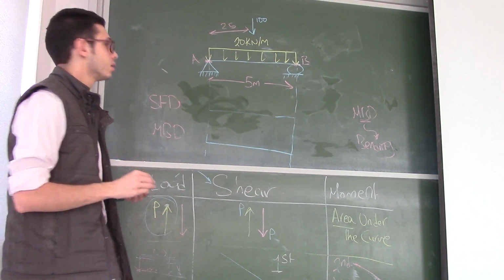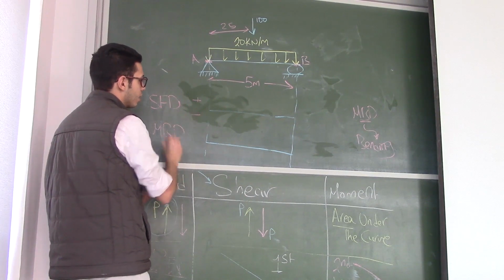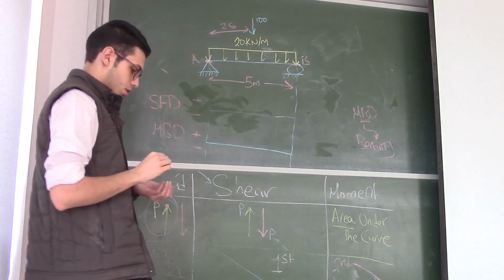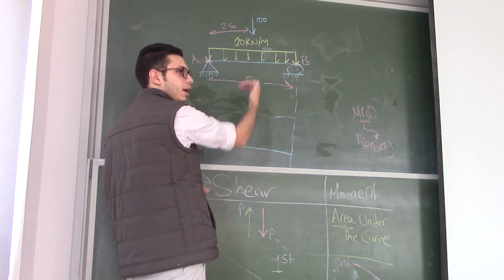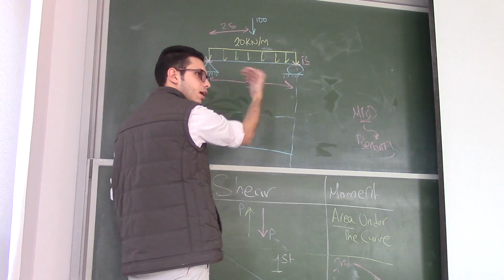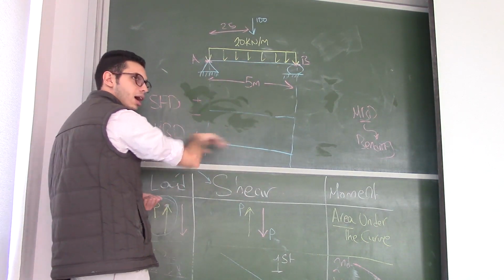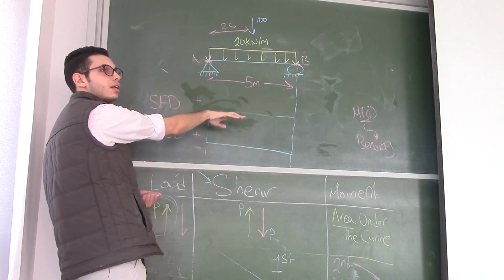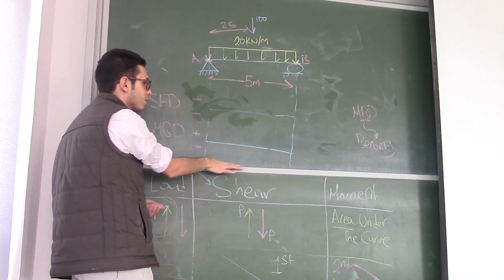After that, up is positive, down is negative. So this is the sign. Anything above this line is positive, anything below this line is negative. The same goes for this line. Anything we draw above this line is positive, anything we draw below this line is negative.